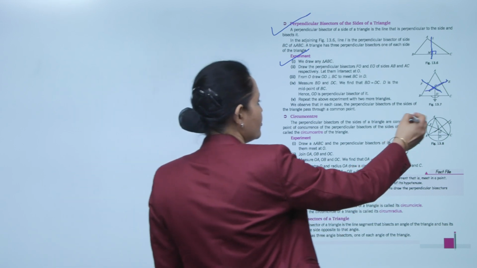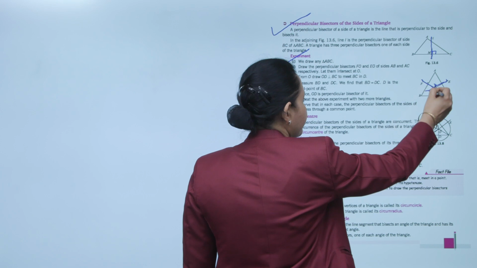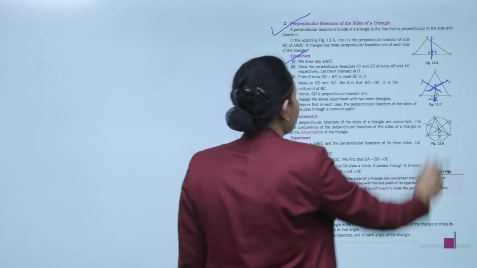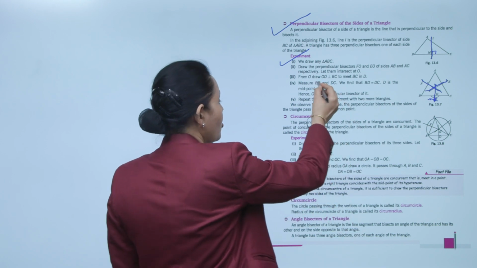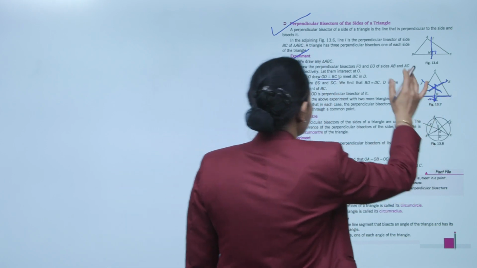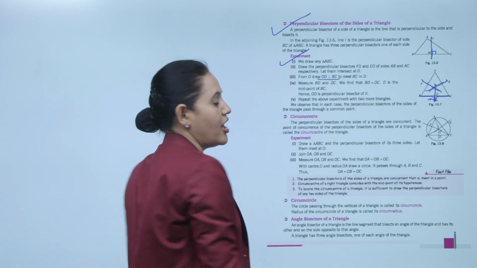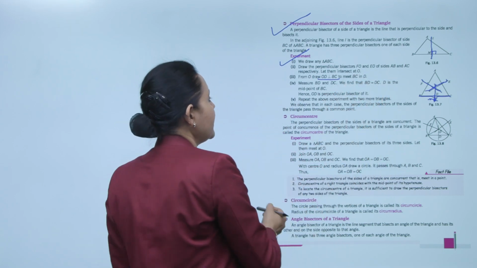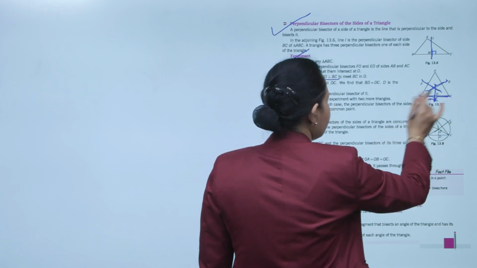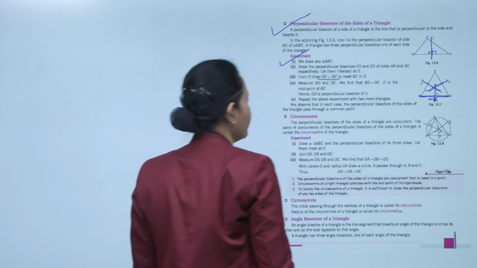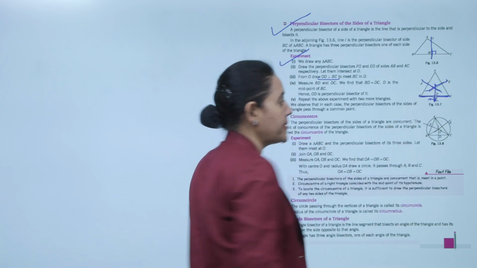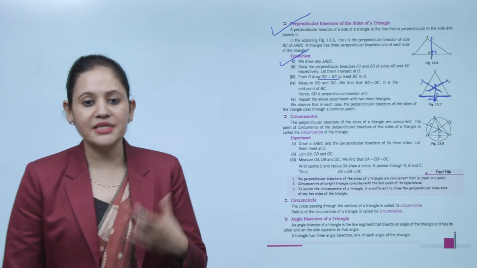From O we draw OD, OD perpendicular to BC. Now we will measure BD and DC. We'll see they are equal. So that means OD is the perpendicular bisector of BC.